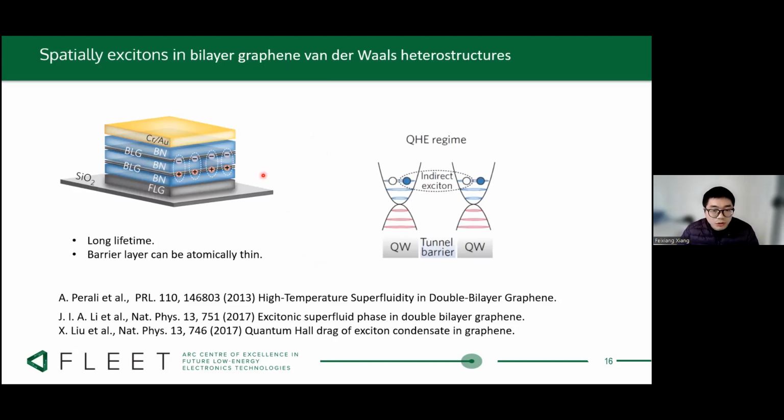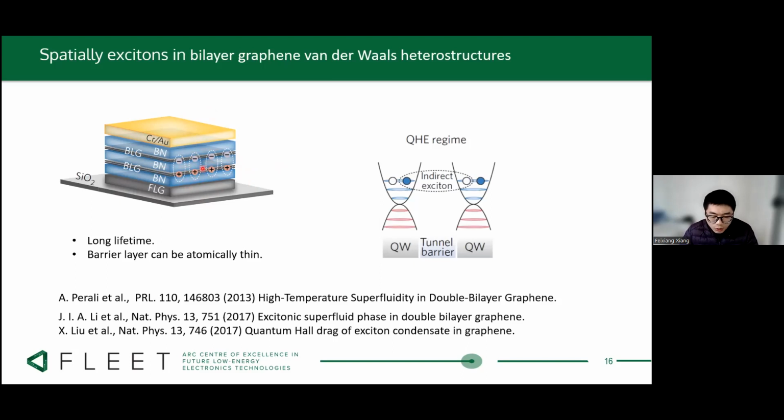Because 2D flakes can be very thin, excitons can be created in bilayer graphene van der Waals heterostructures by confining the electron and hole into different graphene layers.